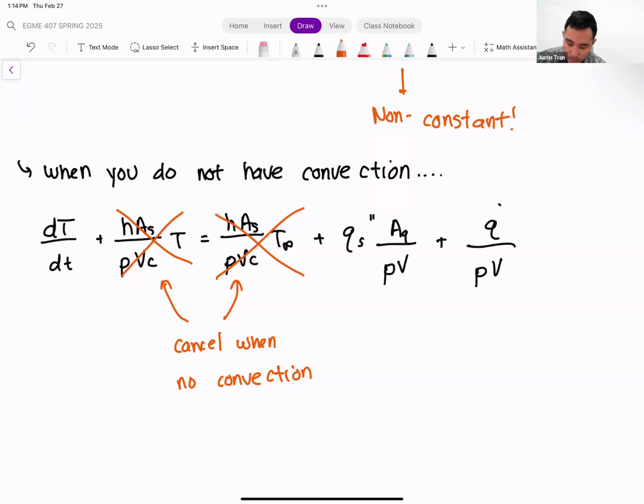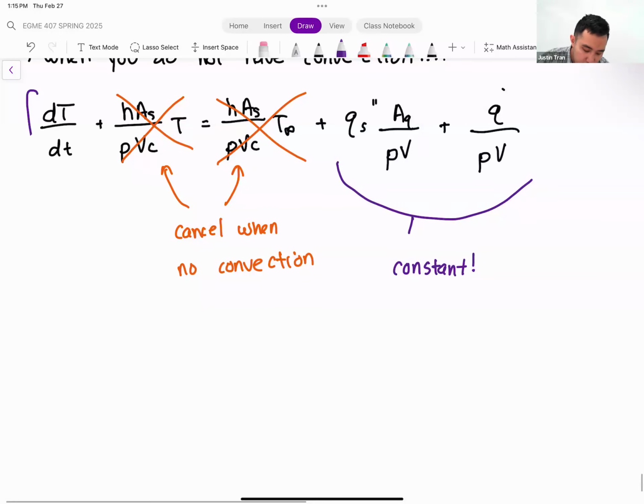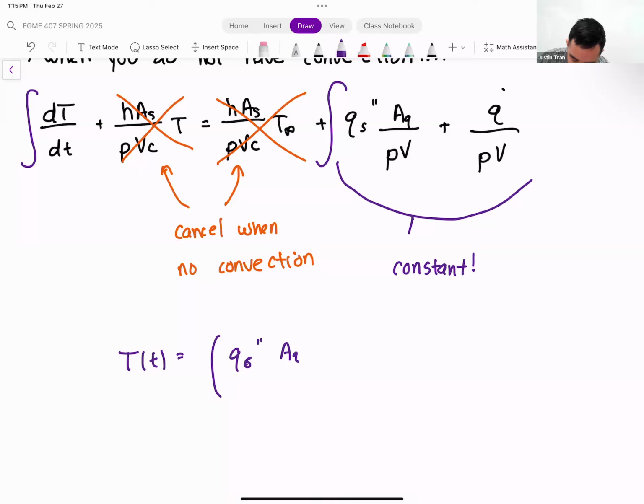Now, what's interesting here is that typically, at least for the problems that we do, all of these terms here are constant. And so you can just simply take the integral of this. If you take the integral, we get T of t is equal to q_s double prime A_q over rho V c, I think I'm missing a c there, there should be a c here, plus q dot over rho V c times t.